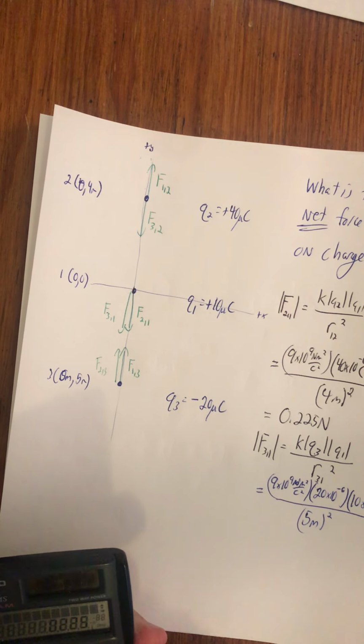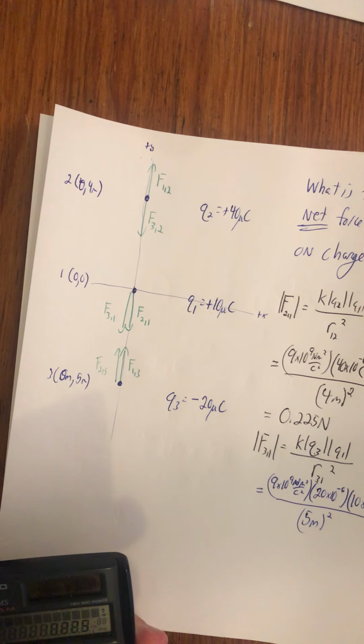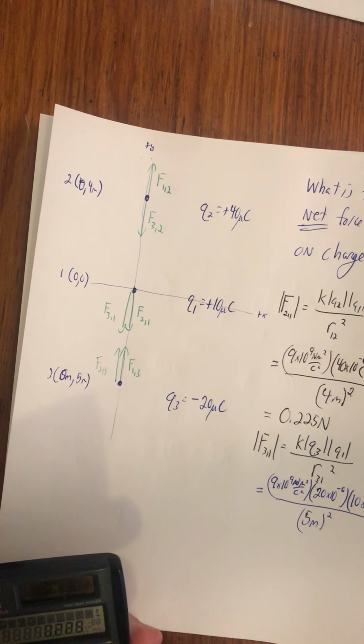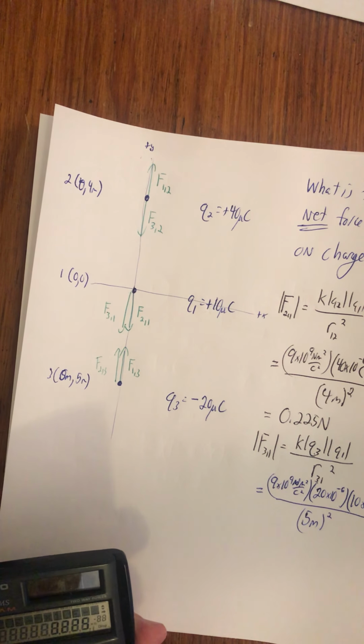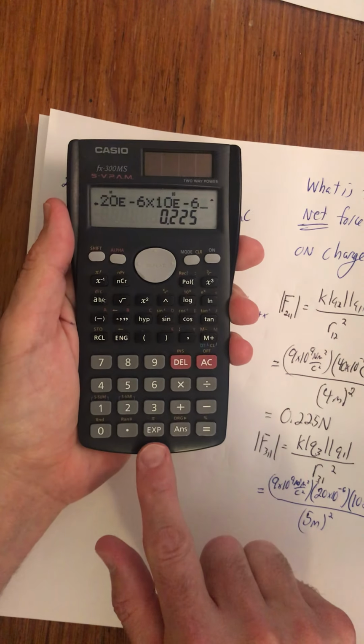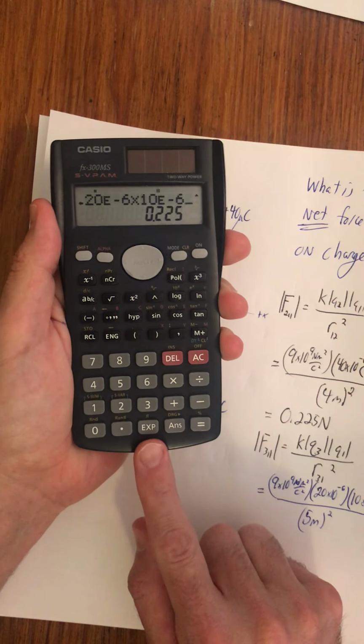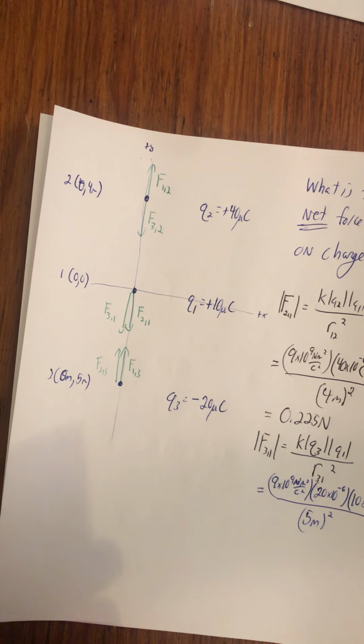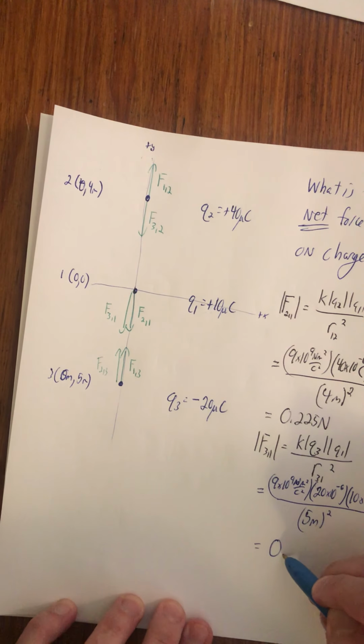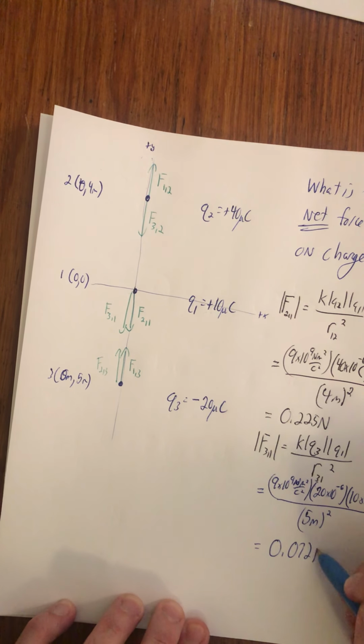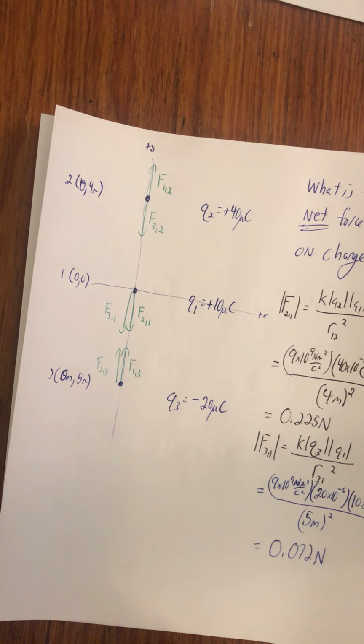So 9 exponent 9 times 20 exponent negative 6 times 10 exponent negative 6. I'm saying exponent, right, because the magic button on my calculator is the EXP button. Divided by 5 squared, and the expected result of 0.072, expected meaning it is smaller. So now I have it.